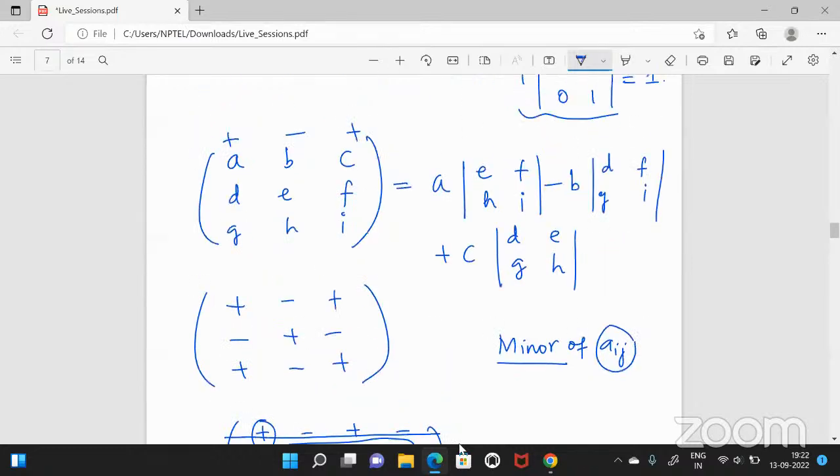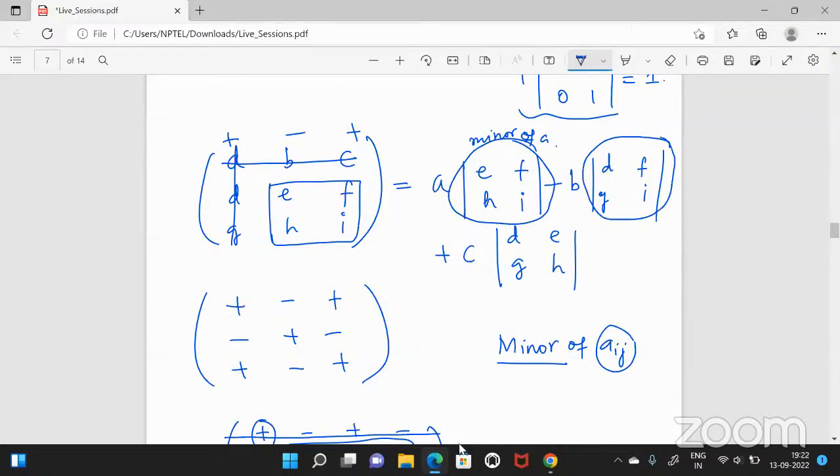So here what are we doing? We are removing the row and column where A appears and we are finding the determinant of this, right? So this is the minor of A. And this is the minor of B, because in all the cases, that's what we are doing.